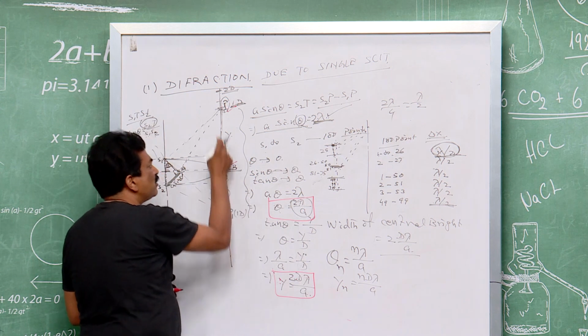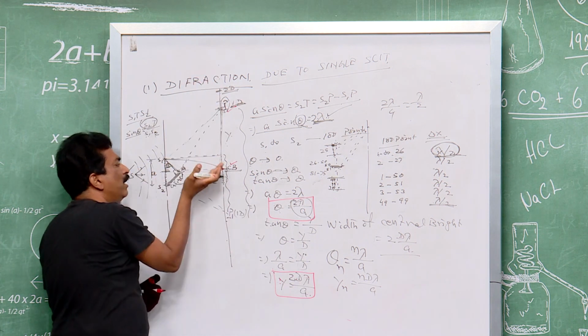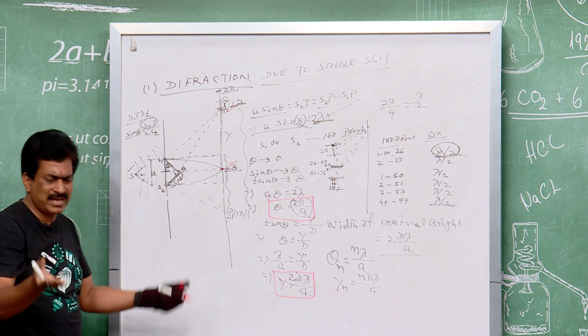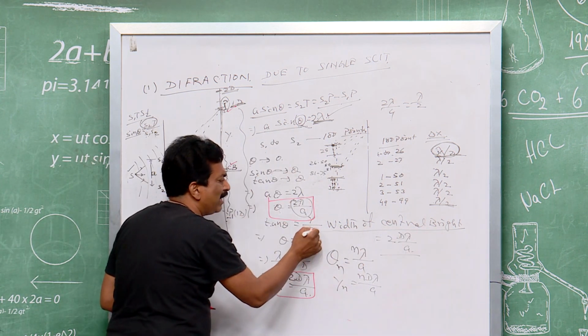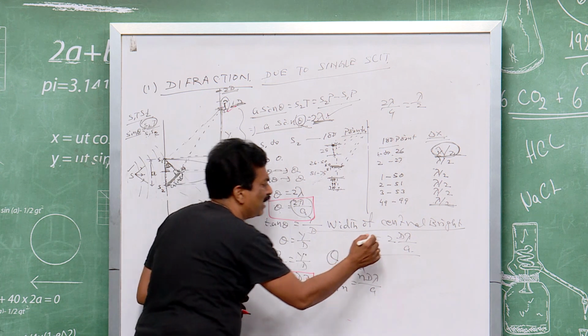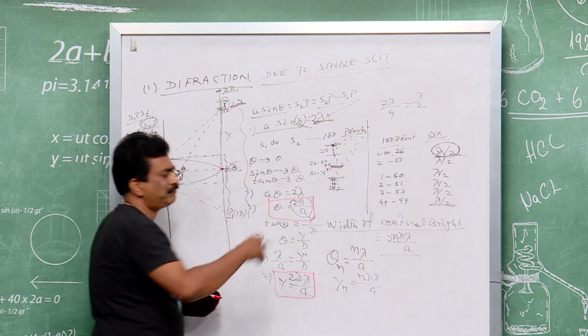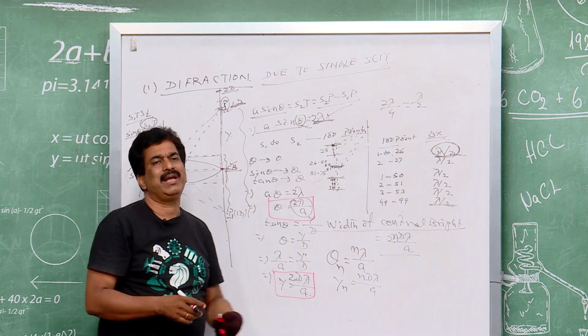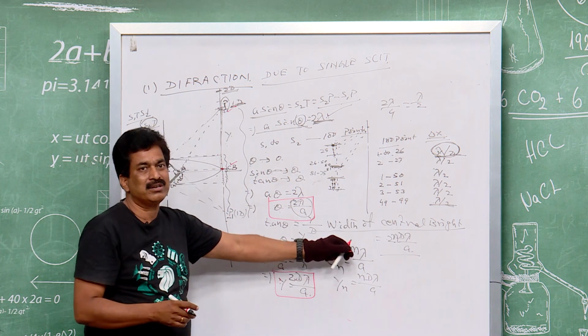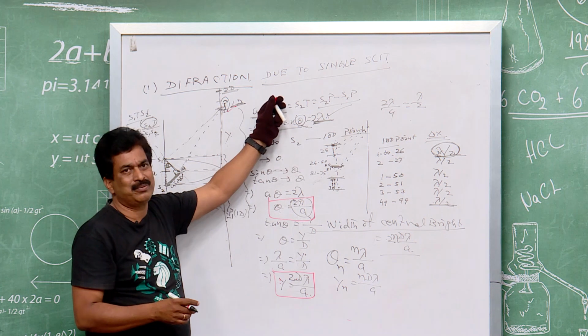And if that is yn from the upper side, in the lower side also the same width. Therefore, the width of the central bright for the nth one will be 2n capital D lambda by small a. So this is for the dark fringes.